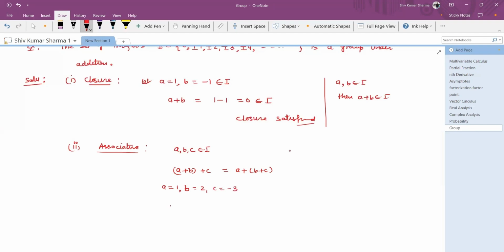Then 1 plus 2 plus -3 is equal to 1 plus 2 minus 3. 1 plus 2 is 3, 3 minus 3 equals 1 minus 1. So 0 is equal to 0. Satisfied.